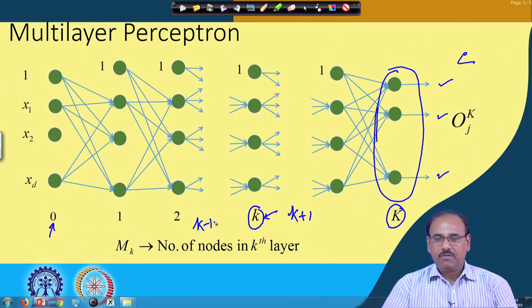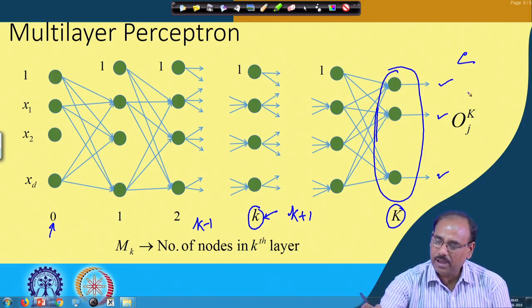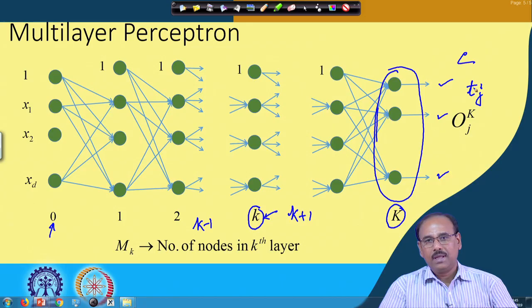Now, coming to the error function or the loss function which we want to optimize while training this neural network, you can easily imagine that we can only compute the error function or the loss function at the output layer, because it is only at the output layer that I know what my target output Tj is.